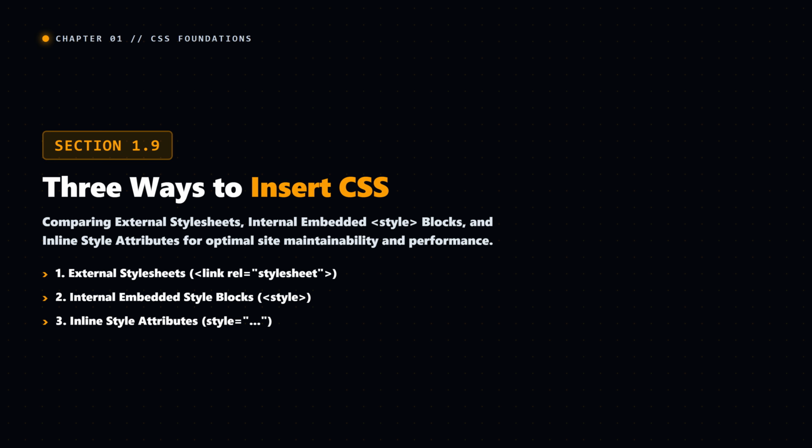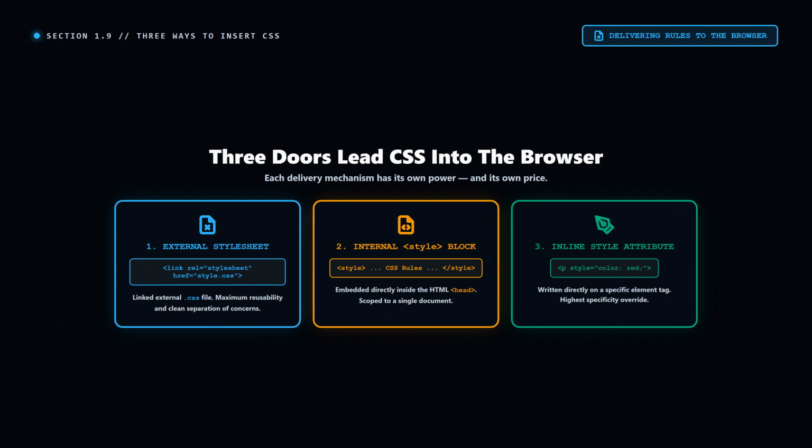Section 1.9: Three Ways to Insert CSS. You've written your first CSS rules. You know how a style sheet is structured and how elements are categorized. Now the question is, how do you actually deliver those rules to the browser? There are exactly three mechanisms.